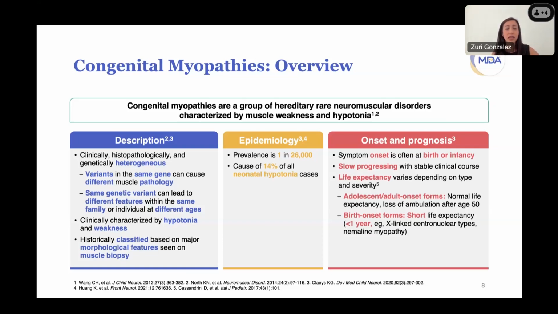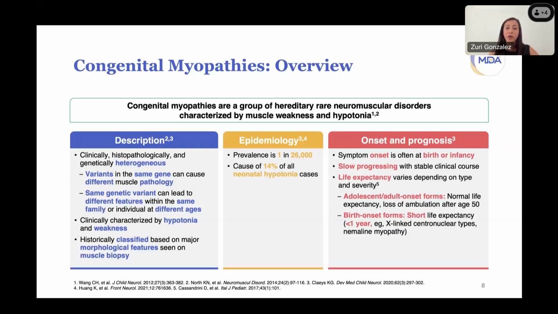As I already mentioned, clinically, the common feature is going to be weakness and hypotonia. Historically, this group of disorders has been classified based on the morphological features seen in muscle biopsy. We're going to review these later on during the presentation. The prevalence is about 1 in 26,000.